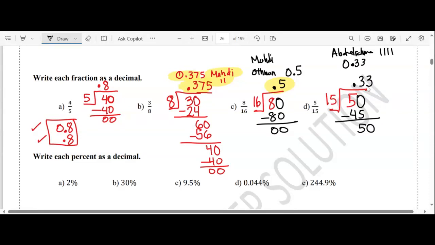Then you put 3. 3 times 15 is 45. Subtract. 5. And it's continuous, right? So you have to put a dash on top of the 3. Dash means the 3 is repeated. Infinity, right? Yes.